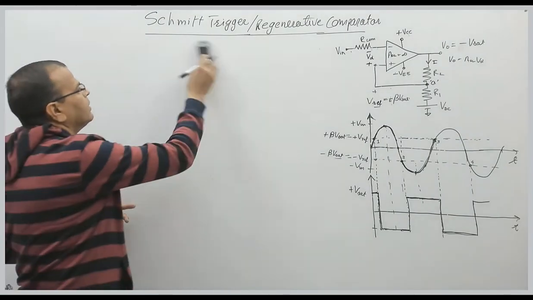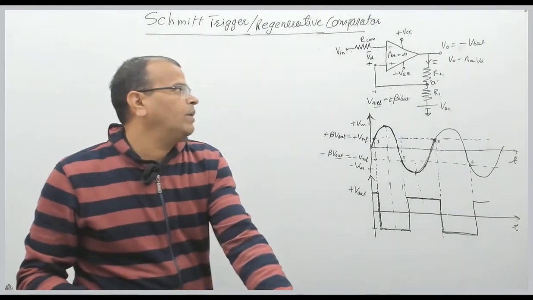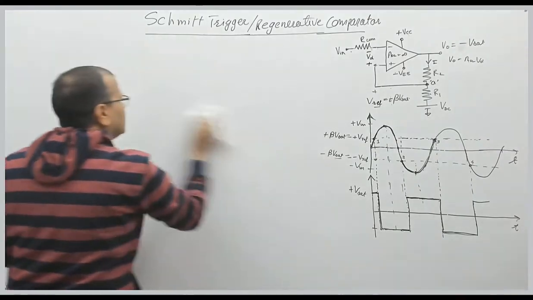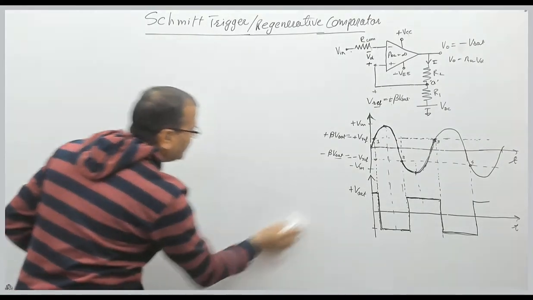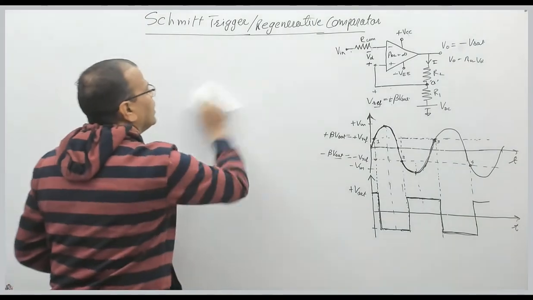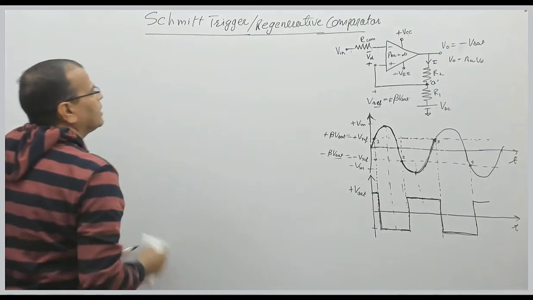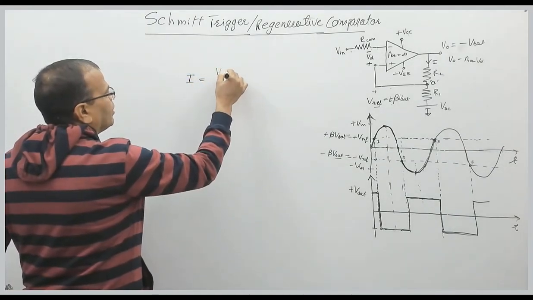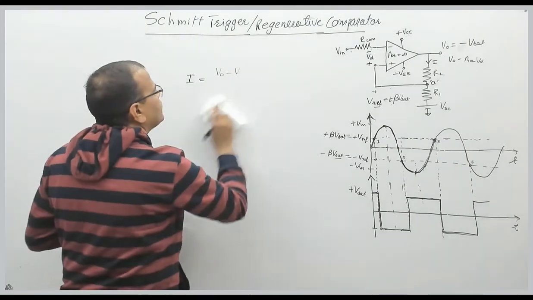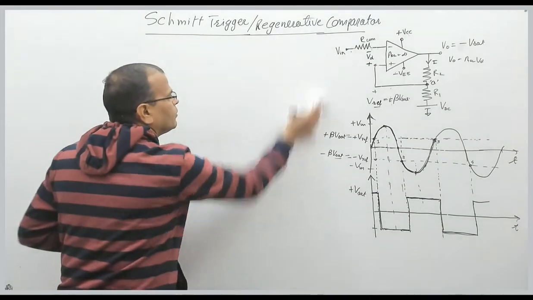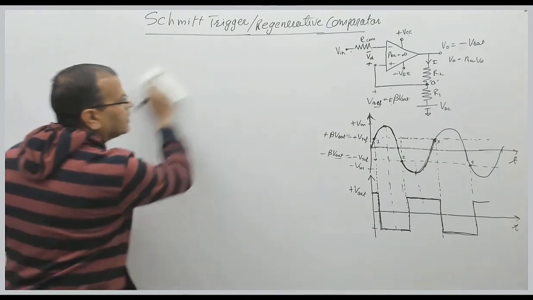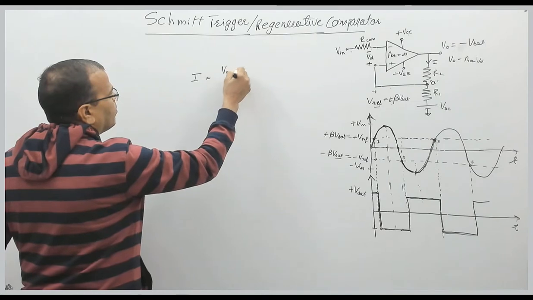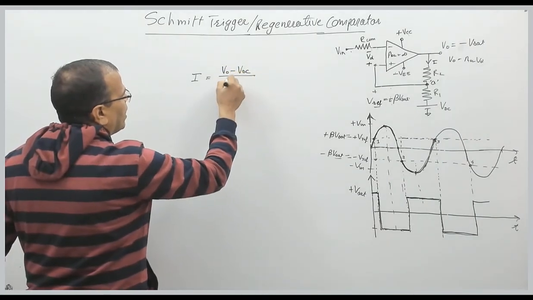Current I in the circuit can be obtained like this: V output minus VDC, divided by the combination of resistances. So current I will be V naught minus VDC divided by R1 plus R2.